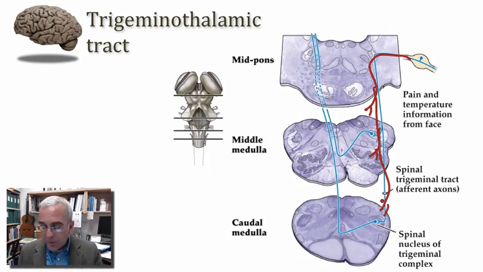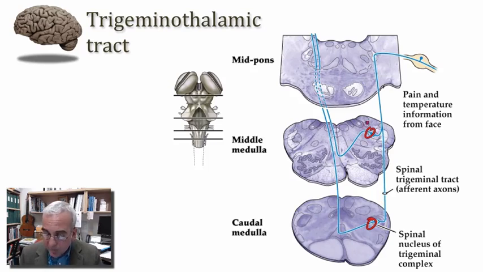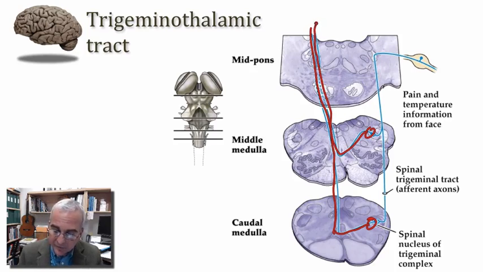All right, well, once we get into that spinal trigeminal nucleus, then the pathway bears some resemblance to the anterolateral system. There's a cell body at whichever level we happen to be considering that grows an axon across the midline, and that axon enters the lateral tegmentum of the brainstem and ascends.